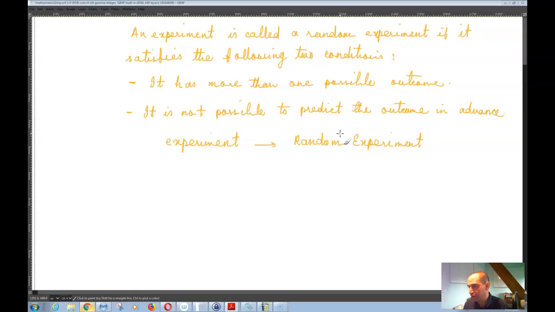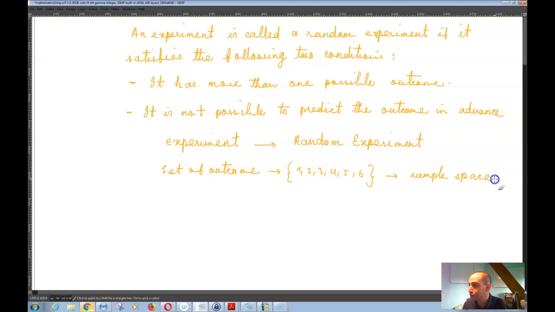The set of outcomes, if you roll a dice or throw a dice, would be basically 1, 2, 3, 4, 5, and 6. It is called the sample space of the experiment.